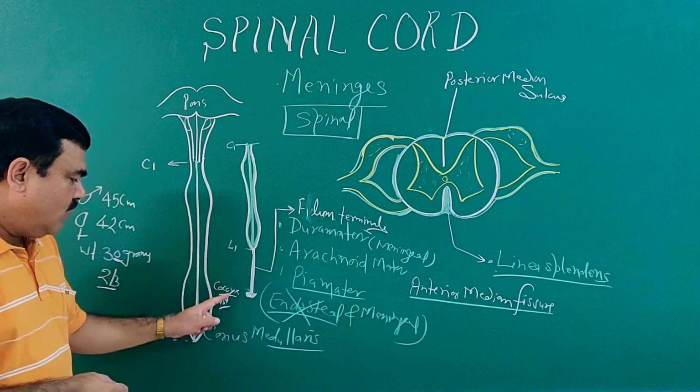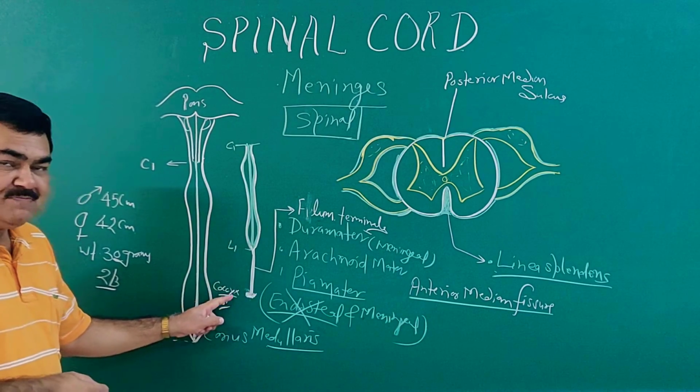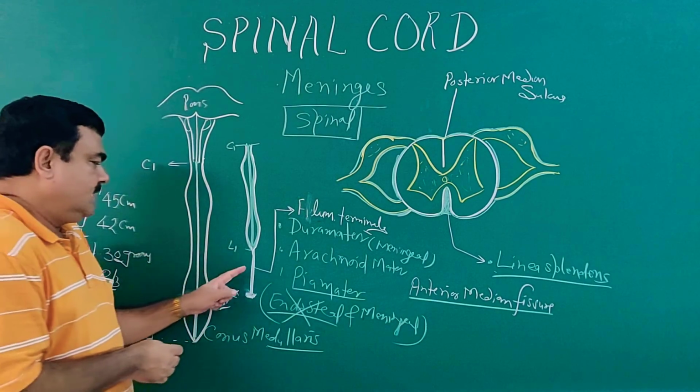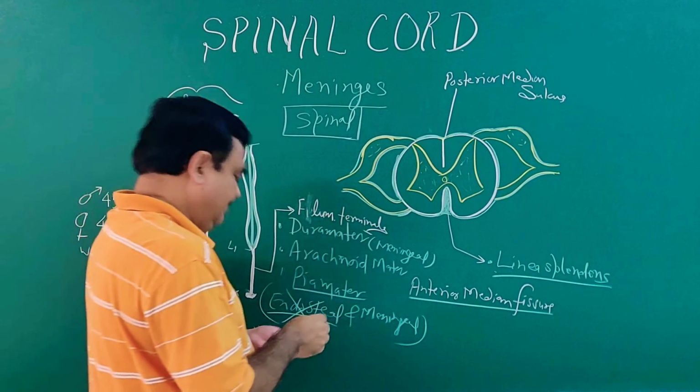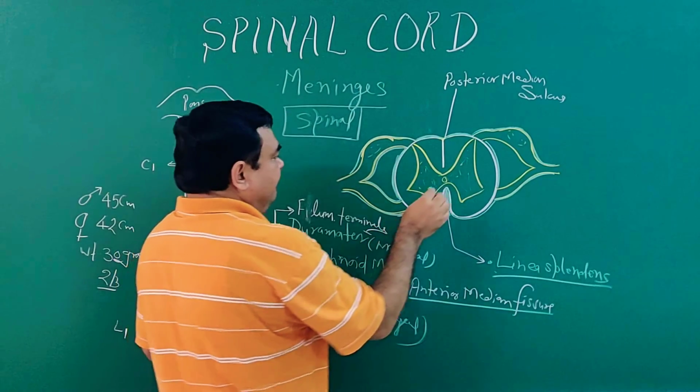It extends from L1 to the first piece of the coccyx on the dorsal aspect. This is the filum terminale.